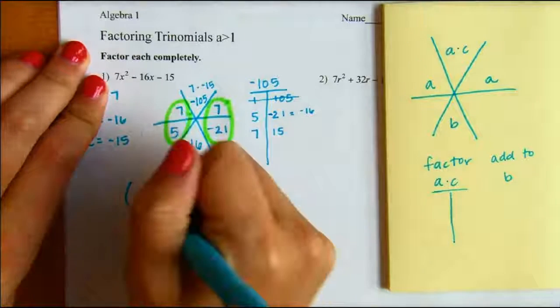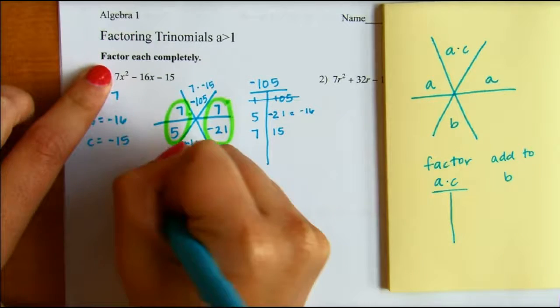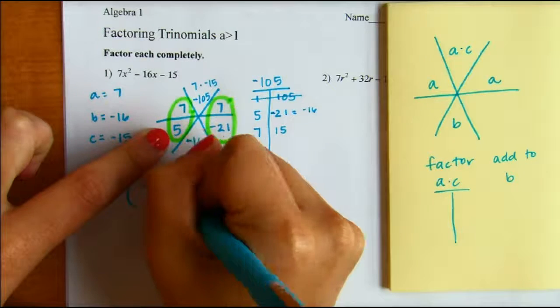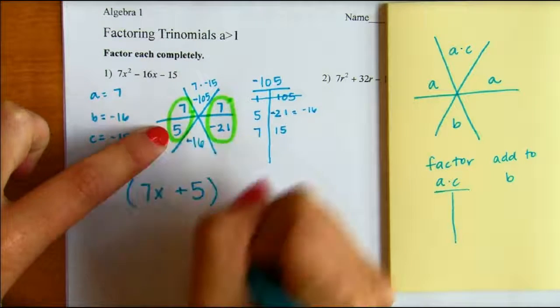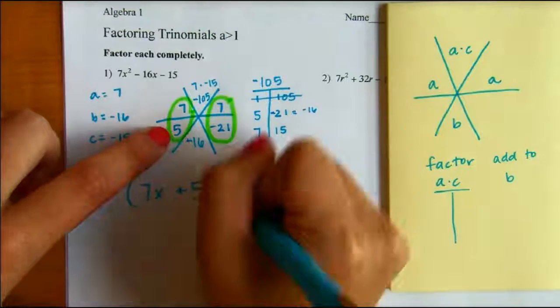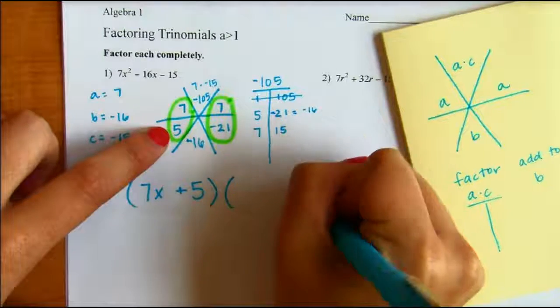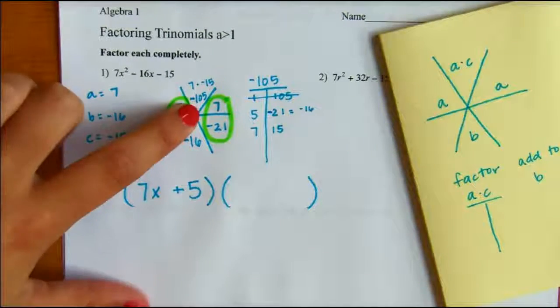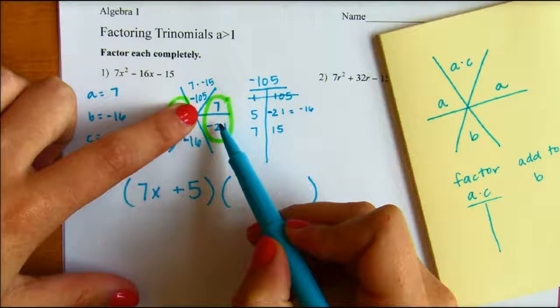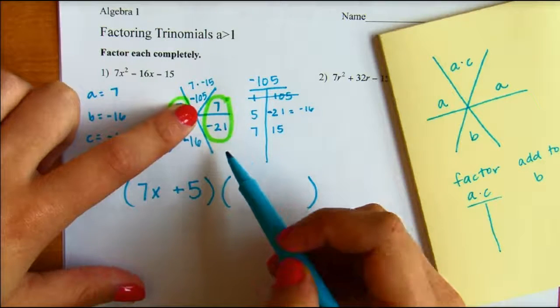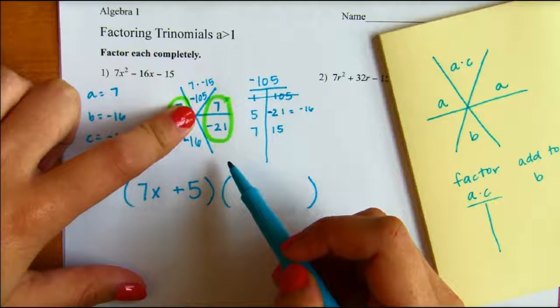The 7 is going to go in front of my x, and then I have a positive 5 at the bottom. I'm going to set up my binomial for the next one over here. 7 over negative 21. Do I have any common factors for 7 and negative 21?